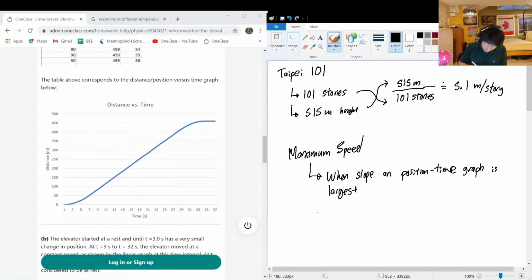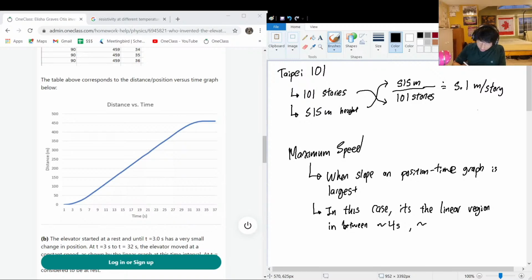In this case, it's the linear region, in between maybe about 4 seconds and maybe about 30 seconds. Of course, it's tough to tell without vertical lines on the graph, but it's just an estimation. It's going to be in the middle.